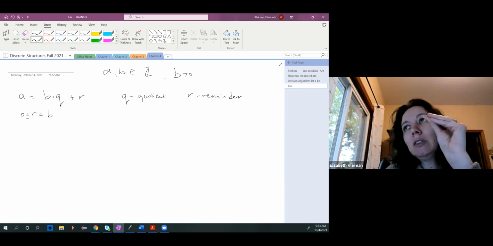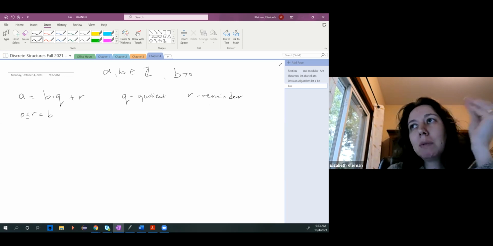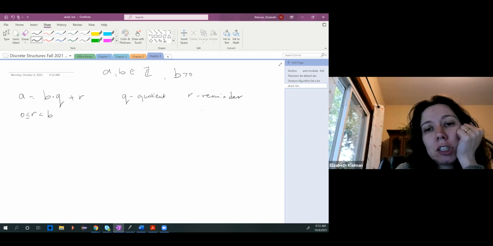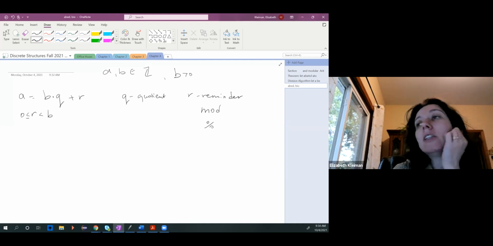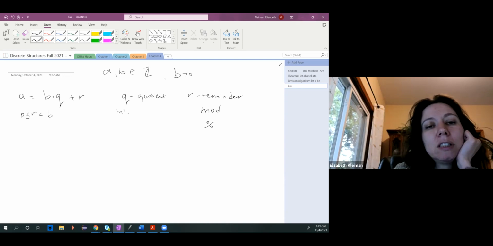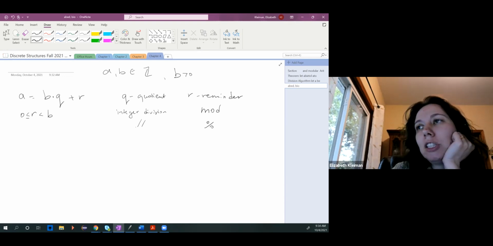What we need to talk about is the remainder. It gives you the remainder when you divide one number by another. We're going to define a function called mod. In programming, we specify it as the percent function. The quotient is generally given using integer division, or in Python, double slash versus single slash division.